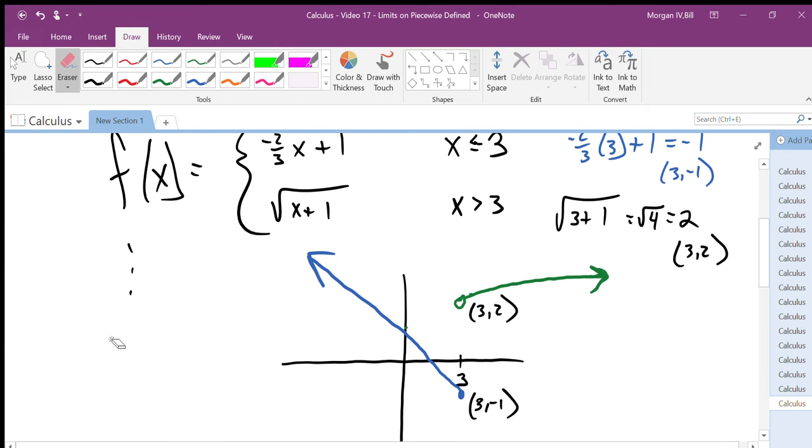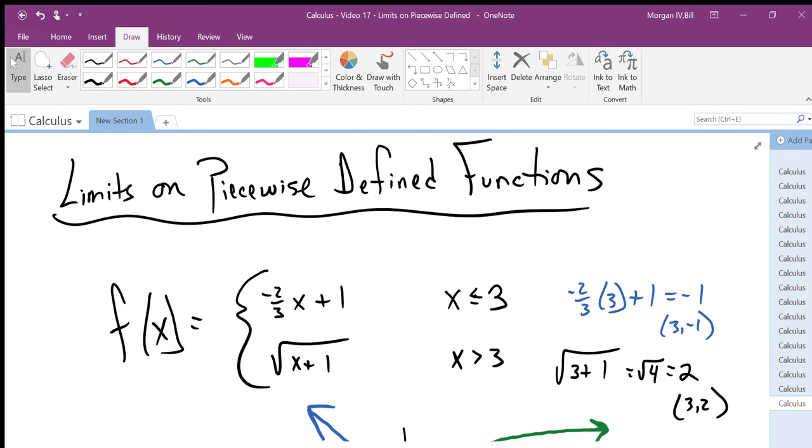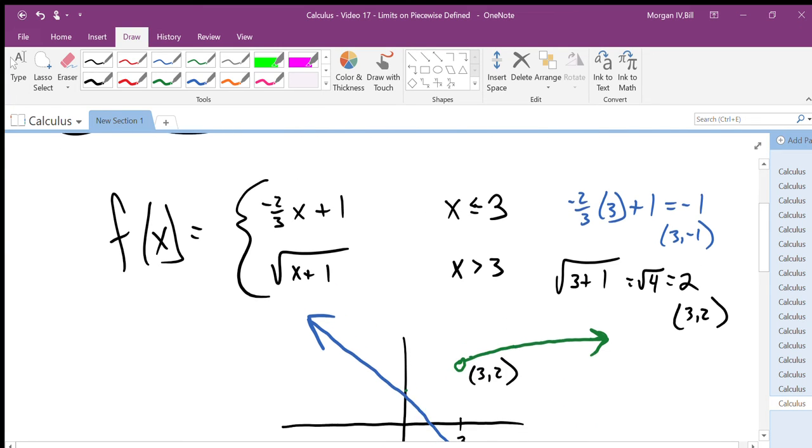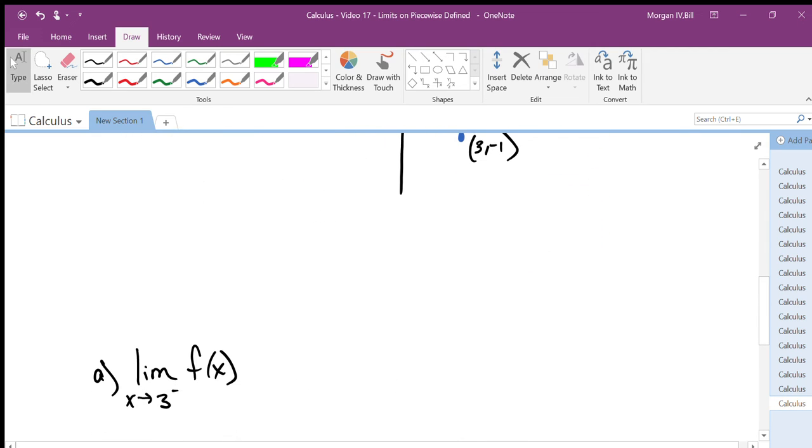What I want is to take limits on the piecewise defined function. What is the limit as x approaches a particular value? In this case, we're probably going to look at what happens at 3 because that's where the curve splits. So for example, what is the limit of our function as x approaches 3 from the left?